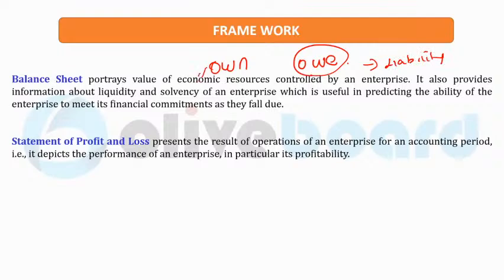Own means my asset. Simply, if I purchase a house, the house is my asset. If I purchase that house through a bank loan, then the bank loan is my liability and the house is my asset. That is called the balance sheet.